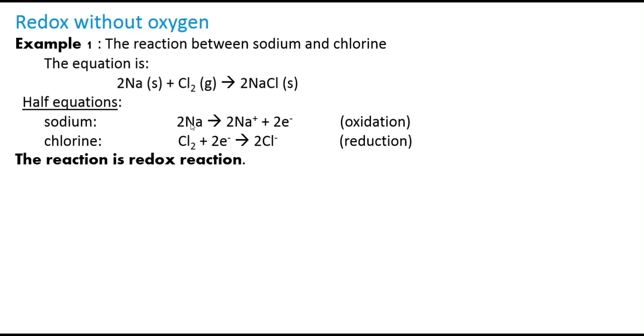Here the sodium atom loses electrons to form the sodium ion. These electrons are gained by chlorine to form chloride ions.